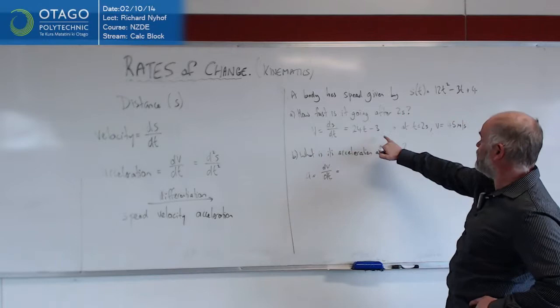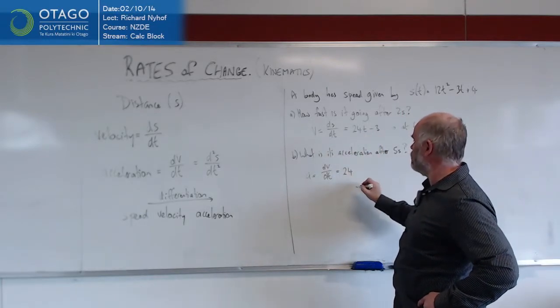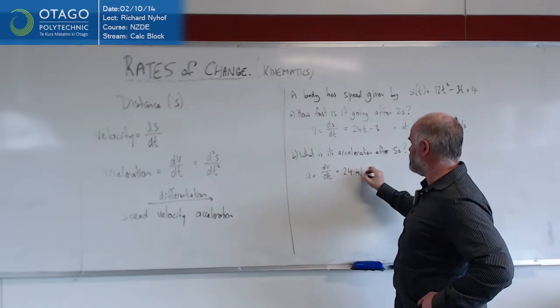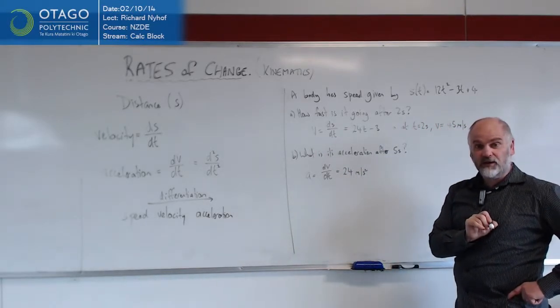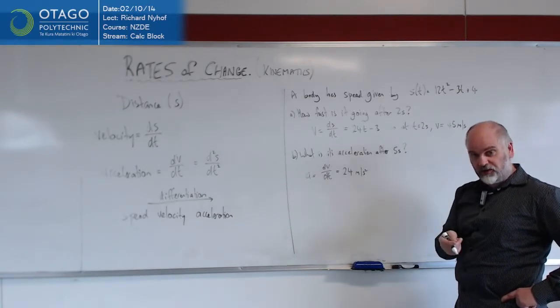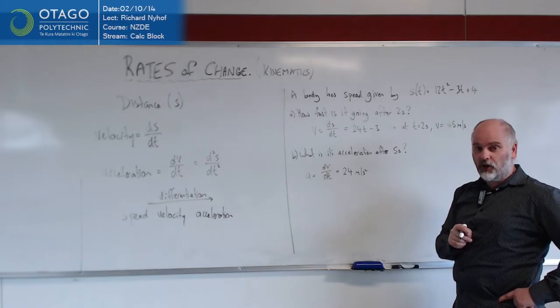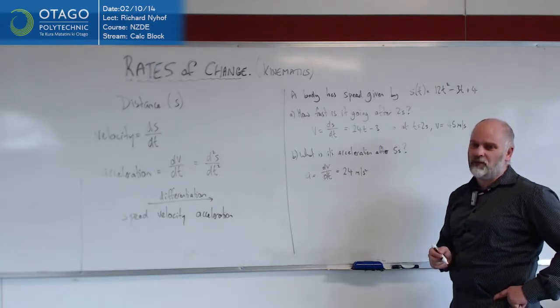So we have to differentiate this one, and the answer is 24 meters per second squared. So it doesn't actually depend on time. It's constant acceleration. It's independent of time. Remembering that acceleration due to gravity is 9.81, so it's 24, it means you've got something which is accelerating pretty quick.